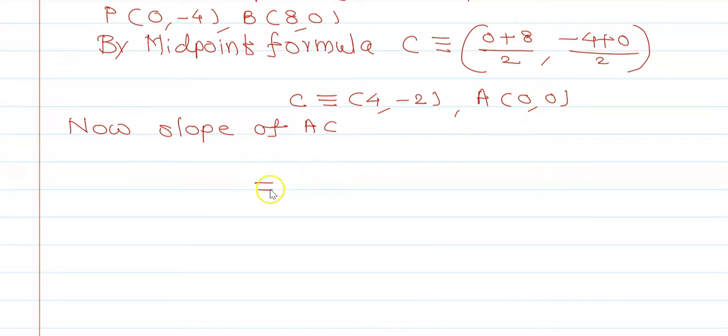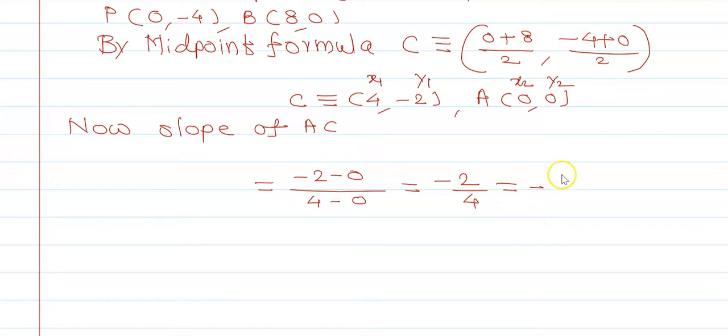Slope of AC equals the difference of y coordinates upon the difference of x coordinates, that is (minus 2 minus 0), with x1, y1, x2 and y2: (y1 minus y2) upon (x1 minus x2), which is 4 minus 0.